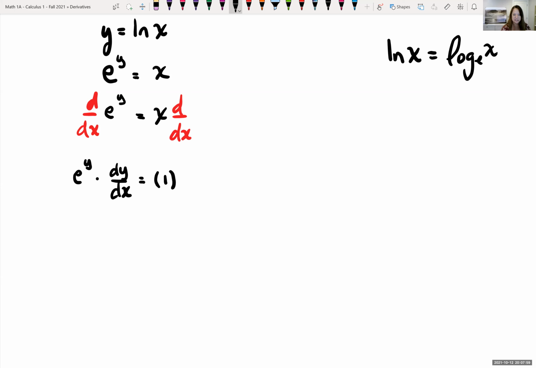If we solve for dy dx, we would just divide both sides by e to the y. And so dy dx is equal to 1 over e to the y. Oops, I'm sorry, I'm thinking ahead.